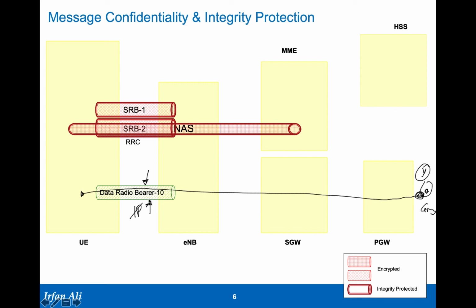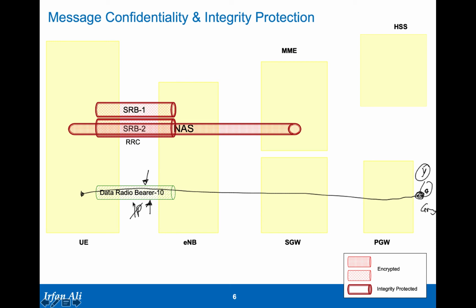So integrity protection is not provided, but encryption is provided. So you can be sure that if you are doing a voice call with your spouse, somebody else can't just go ahead and listen to what you're saying. So that kind of security is provided.